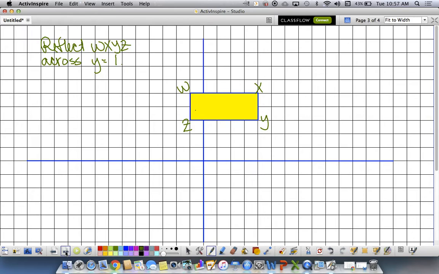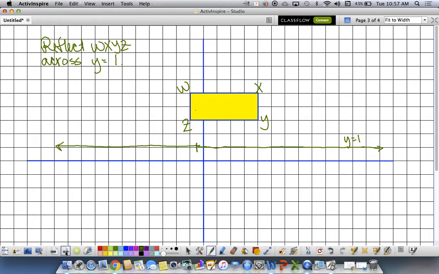Okay, so we did an x equals and we did an x-axis. Where's the line y equals 1? What's your y-intercept? 1. If x equals anything, y equals positive 1. So this is the line y equals 1. We're going to reflect across.